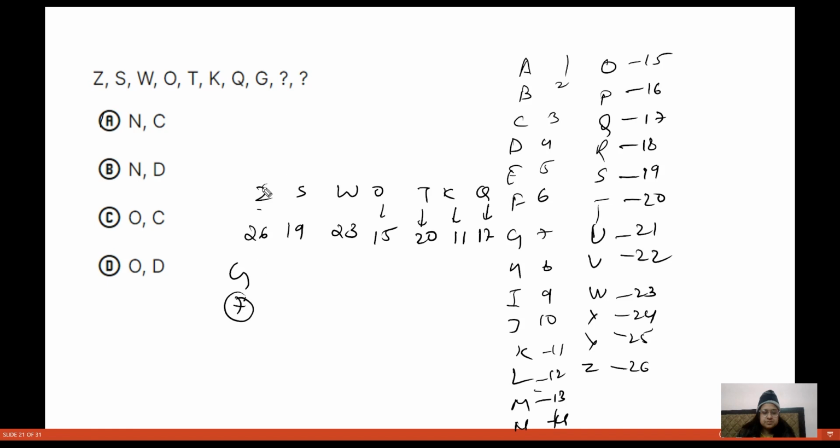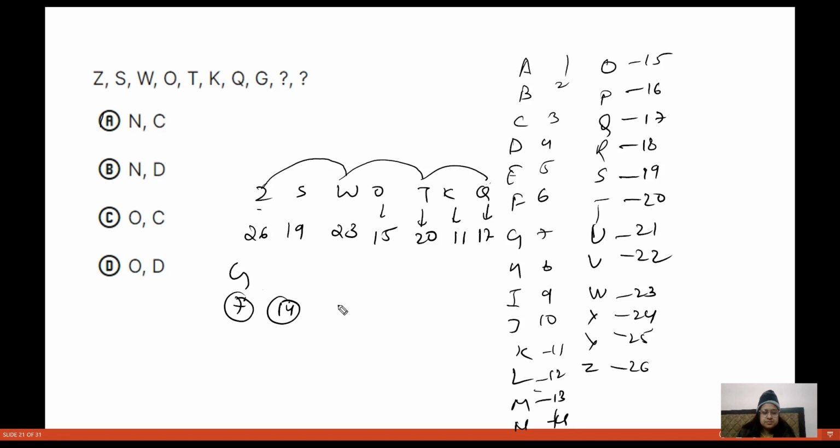Okay, so we are having this sequence Z, W, T, Q, and the next one after G should be 14.